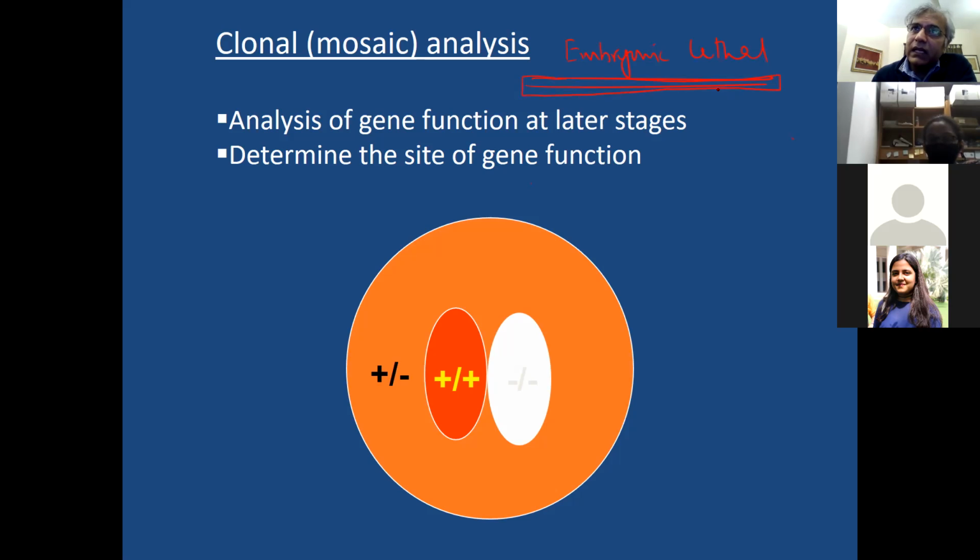Can I study the effect of minus minus, which means mutation effect, null effect, at later development? In fruit flies, it's a beautiful system, which is the flip FRT system we use.